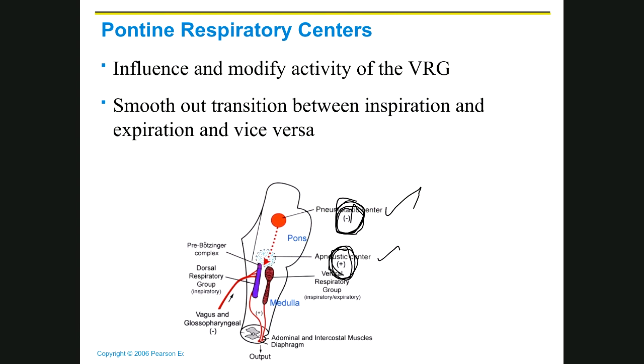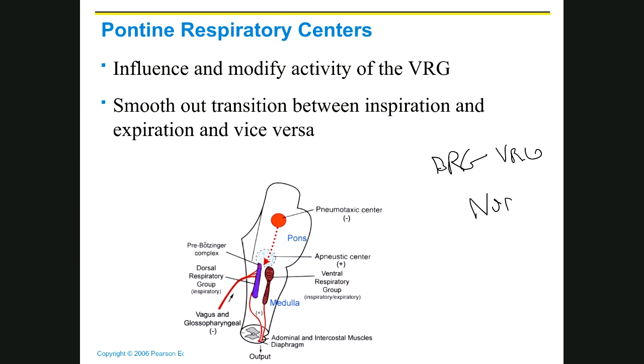Does it make sense? So what does the DRG and the VRG do? Those set normal breathing patterns. And then what does the pneumotaxic center do? It makes breathing go down. It inhibits breathing. So you don't breathe as fast or as deep. And then what does the apneustic center do?